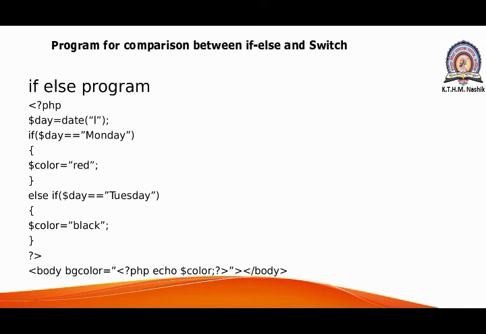So here we have embedded PHP again in HTML. I already told you at the start that in a PHP program you can write PHP first or HTML, or you can start a PHP program anywhere and end it. So this is an embedded example, and when you execute this program, the background color will be displayed according to the day you execute it, whether it's red or black.